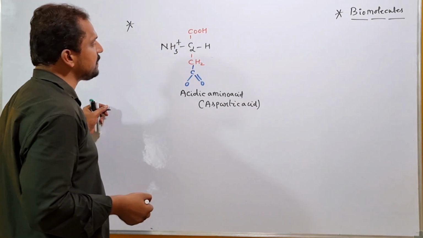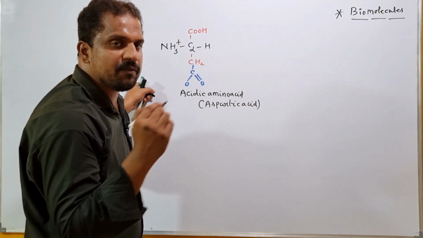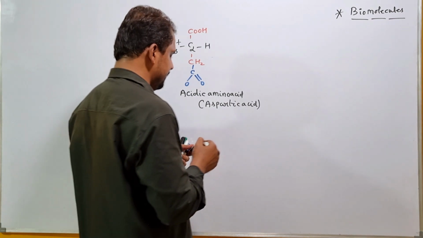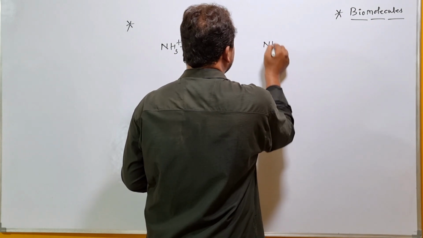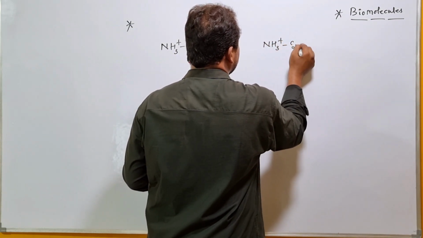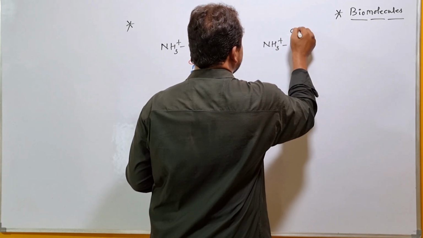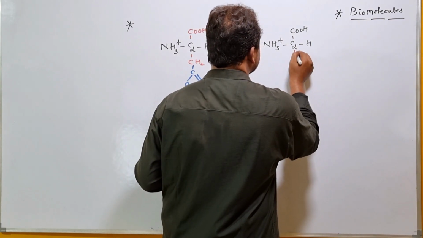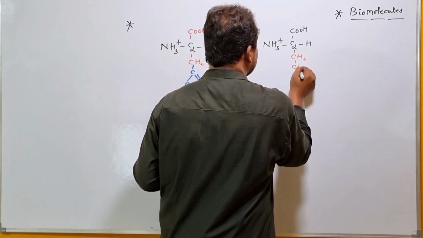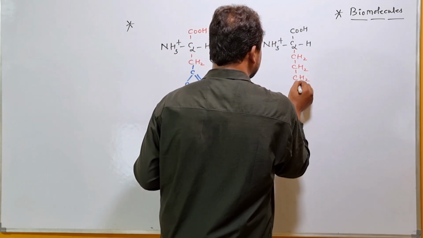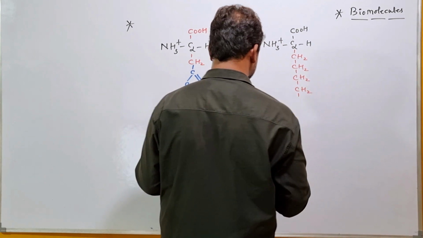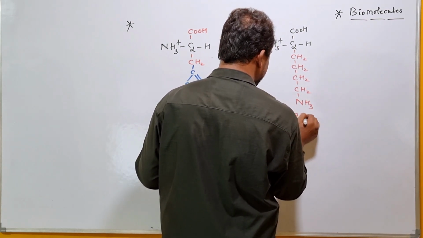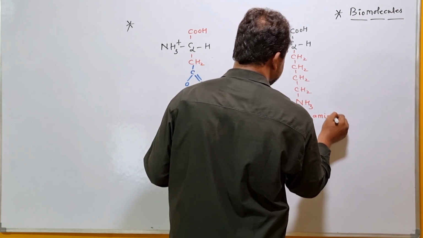In the same way, if a specific amino acid has more than one amino group, then it is termed as what? Basic amino acid, and the best example is lysine.